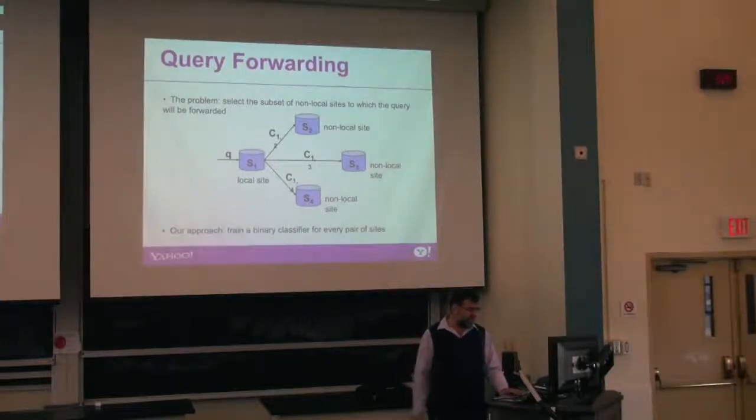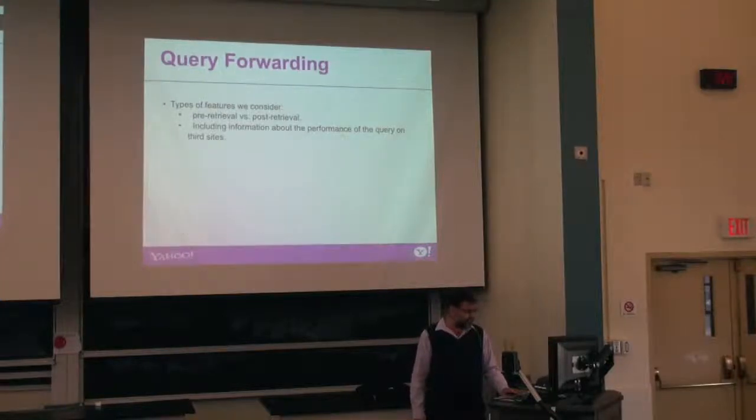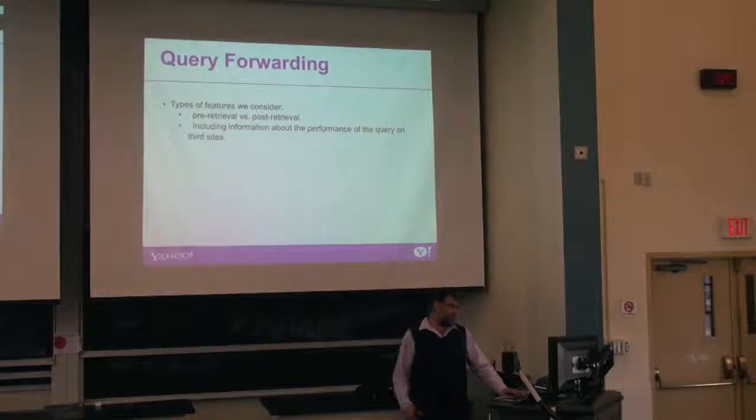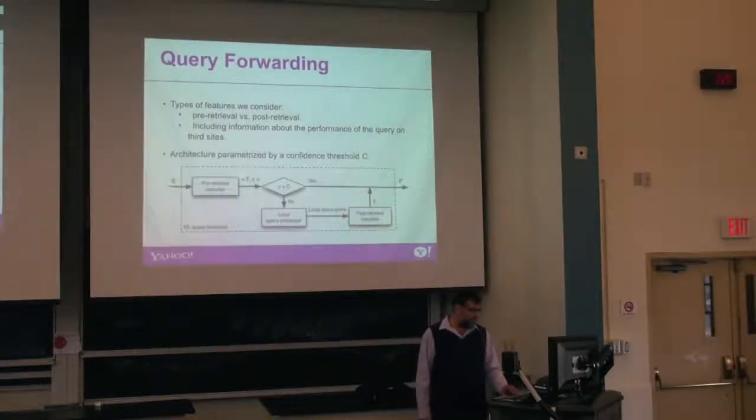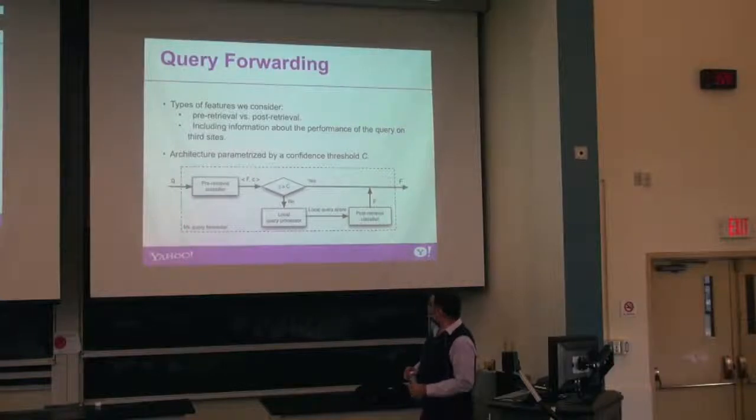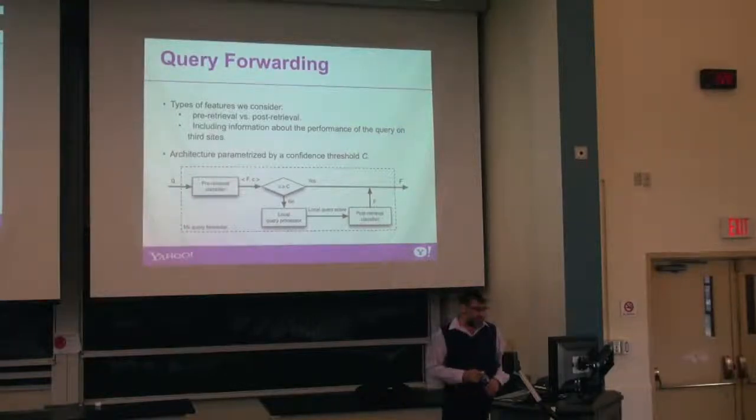So we take a binary classifier for every pair of sites. We consider features that are pre-retrieval and post-retrieval. We also include information about the performance of the query on search sites. And we also have a parameter, a confidence threshold C, to send this to a different site.